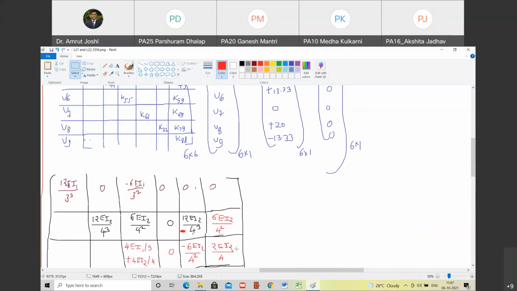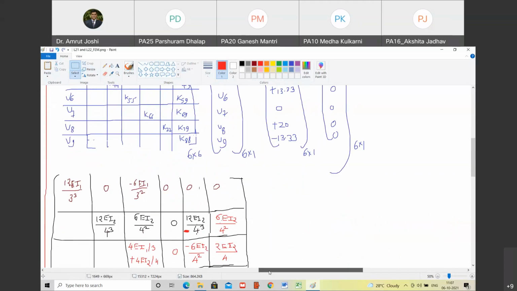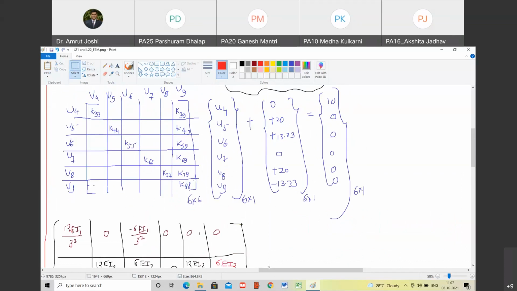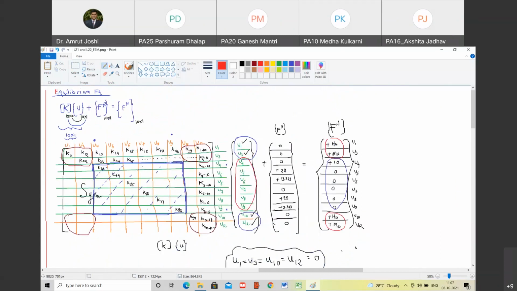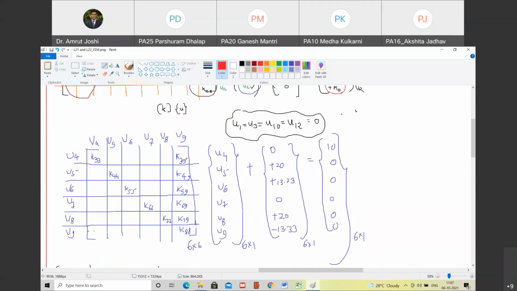Now this is the 7th row. Is it going to be K39 or K38? K38 if I'm correct, because there is always a gap of 1. Are you with me? Yes.